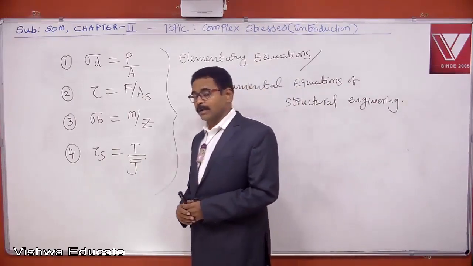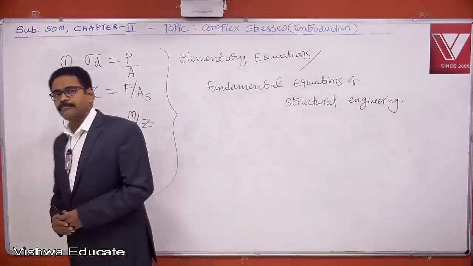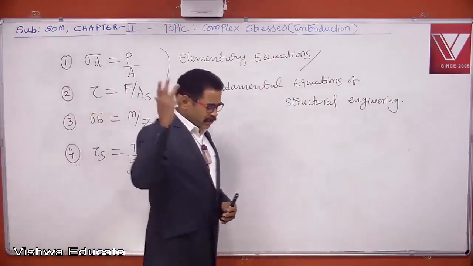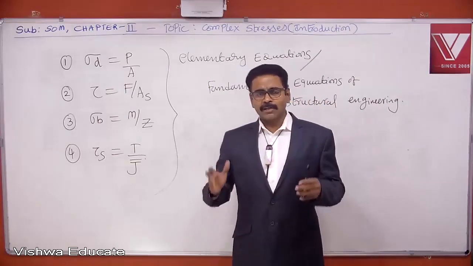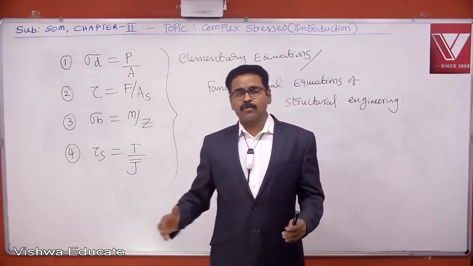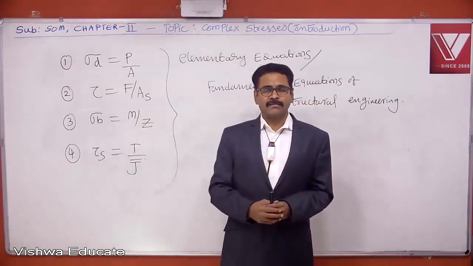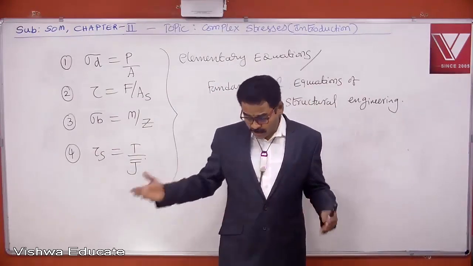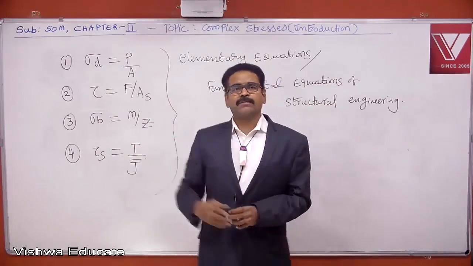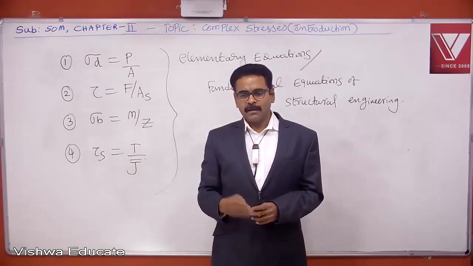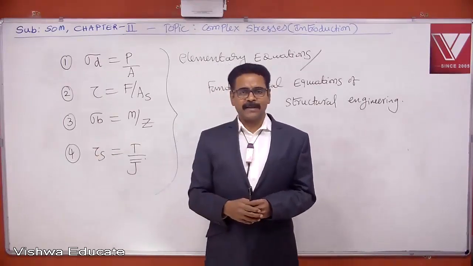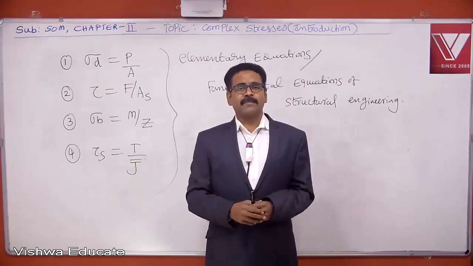But in actual practice, a structure may fail about any plane. Always, all structures need not fail about only cross-sectional plane or surface plane. A structure may fail about 45 degrees plane or 60 degrees plane or 22.5 degrees plane or 15 degrees plane.